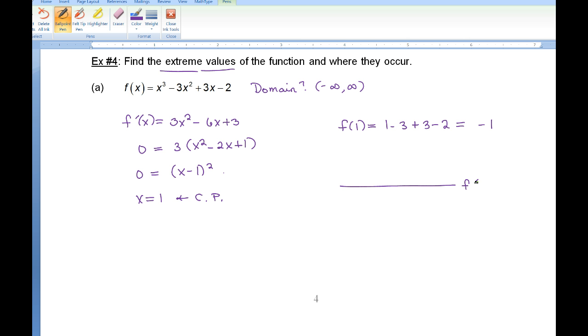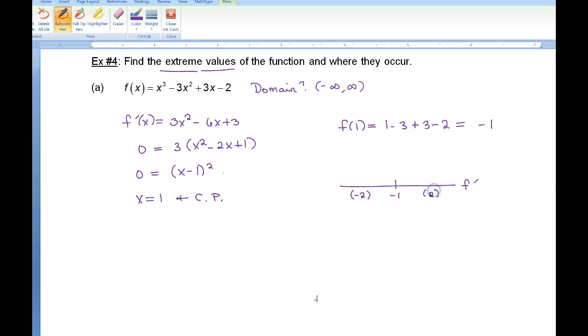I'm going to put 1 here. Because I labeled this f prime, I'm not going to plug the test values in here. I'm going to plug them into my derivative. So just pick a number smaller than 1.